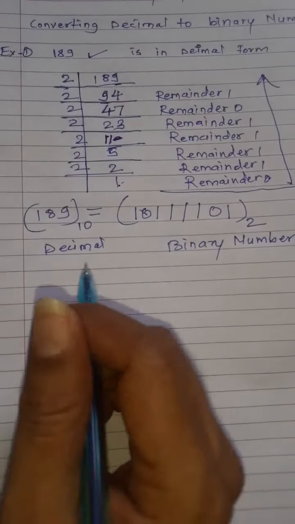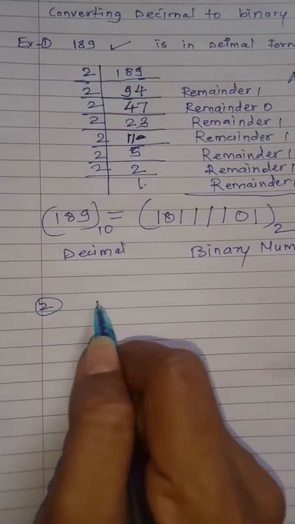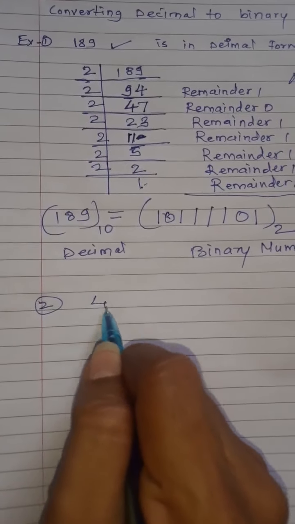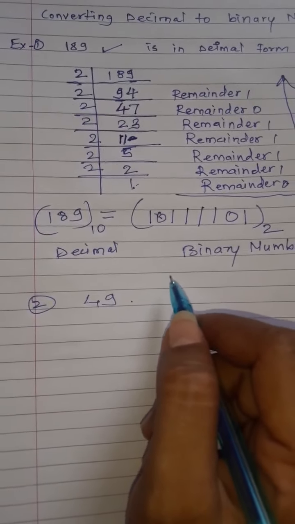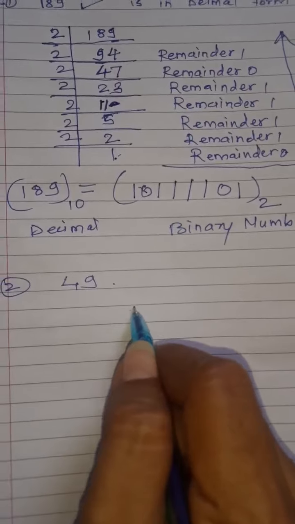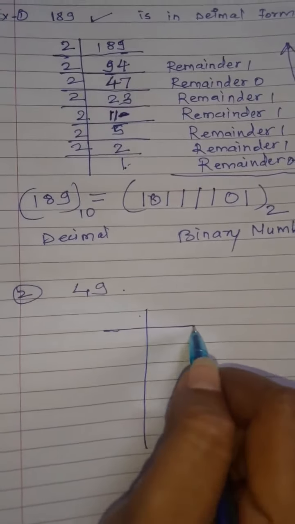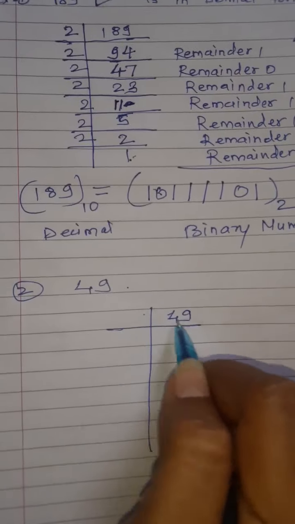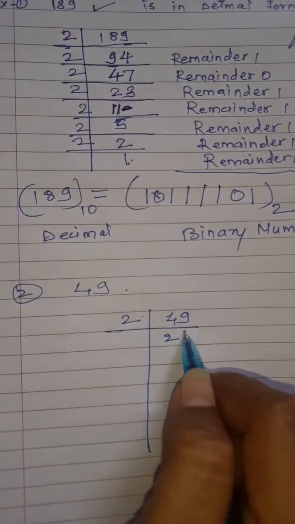In this way you have to do the second example, 49. You convert this number 49 into a binary number. How does it convert? See, I will show you again. 49. 2 2s are 4, 2 4s are 8.